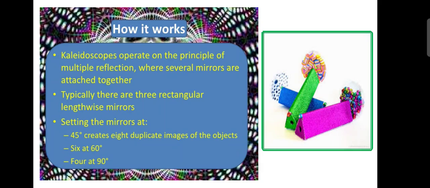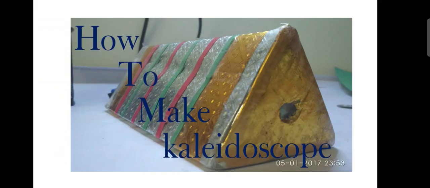Okay, so now children, here there are 3 rectangular mirrors, and these have to be arranged the way it is shown in the figure. This is how the kaleidoscope can be made.